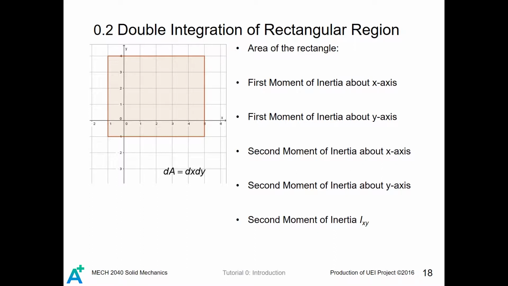For example, the first moment of inertia is the integral of y over the entire region if we are talking about the x-axis, etc. There are a lot of formulas, but how can we actually implement the double integration method to solve the area moment of inertia? Let's try to deal with this example first.